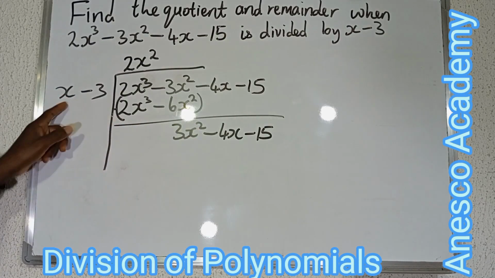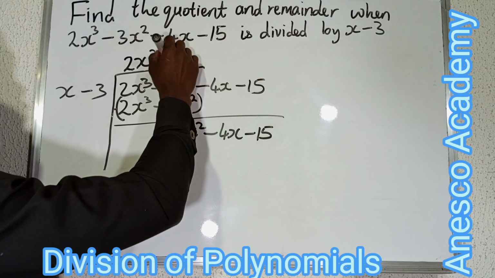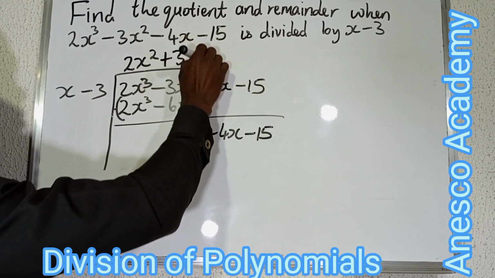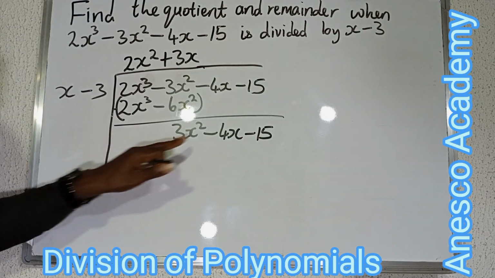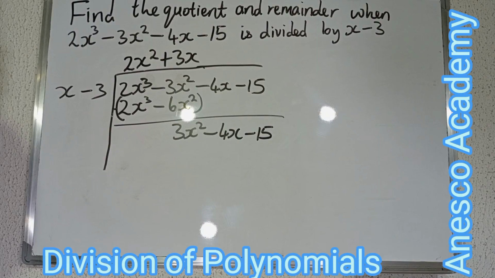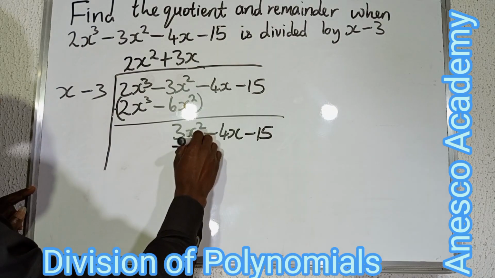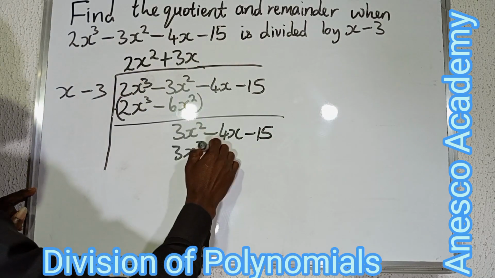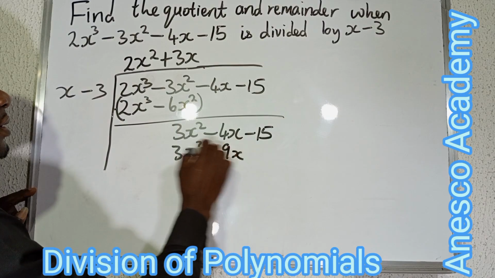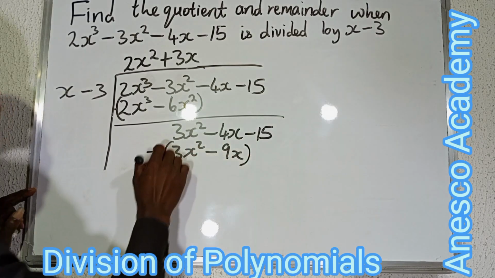3x squared divided by x will give us 3x, because this x will only cancel one of the x here. Now 3x times this will give us 3x squared. 3x times this will give us minus 9x. Then you subtract again.